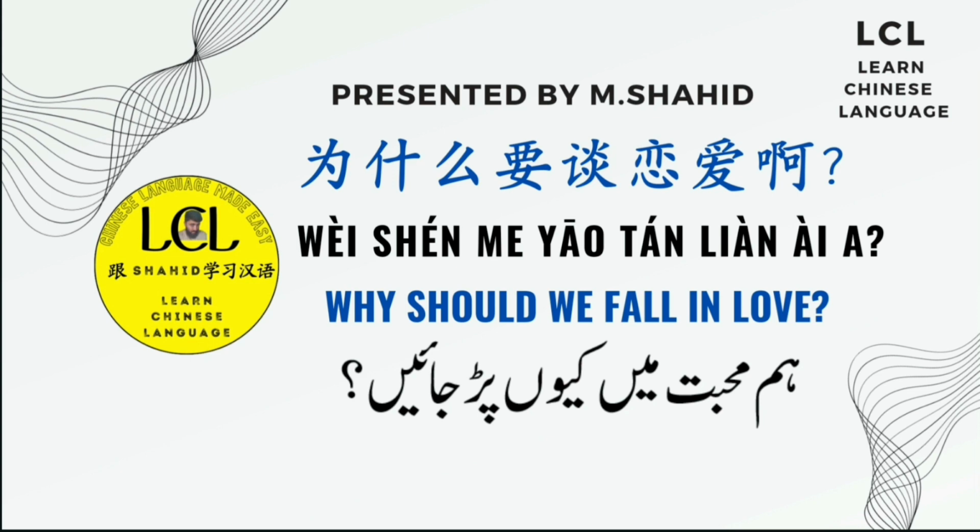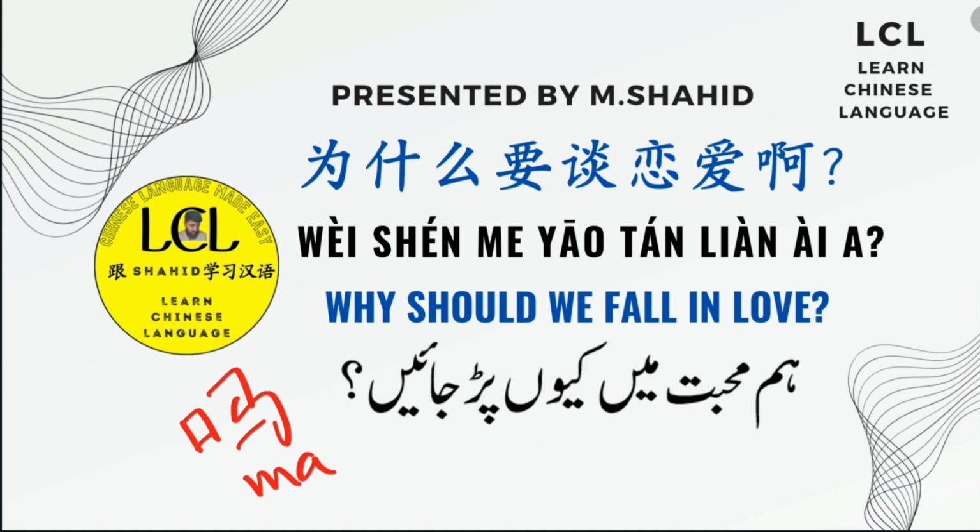सवाल पूछना भी इसके ज़रिए किया जा सकता है. एक तो हम वो लफ्ज़ जो है इस्तेमाल करते हैं. So normally we use this particle at the end of a Chinese sentence to make it interrogative, but sometimes we can use this particle too at the end of a Chinese sentence.